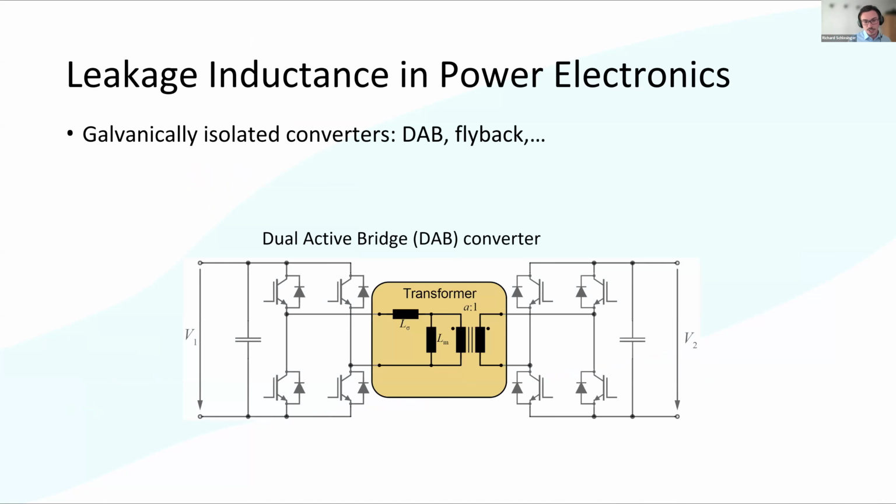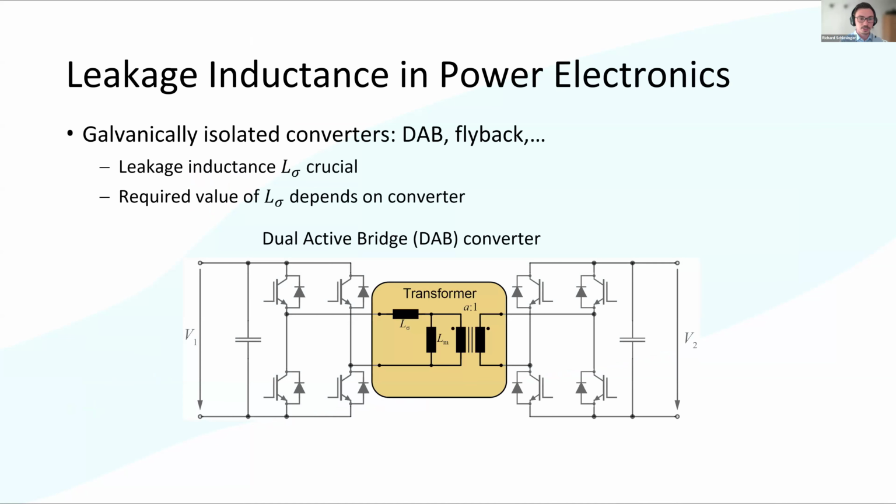And since the leakage inductance of the transformer resembles a series inductance in the circuit, it obviously affects switching behavior, so it is crucial for the operation and the design of the converter. Which value we need for the leakage inductance depends on the converter, but what all of the converter types have in common is that we need a prediction of the leakage inductance before we can design the converter. So we need a model.